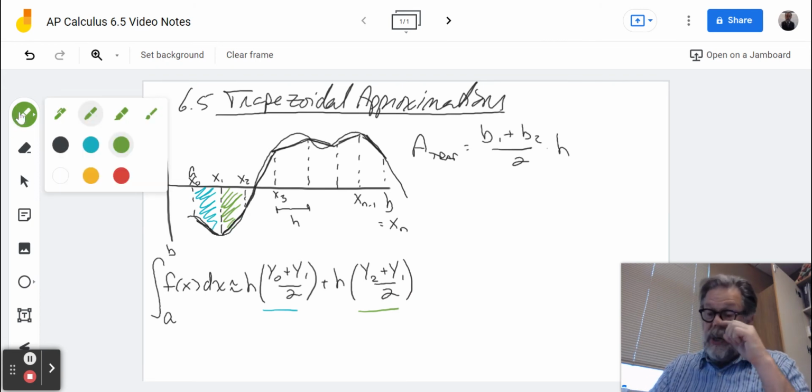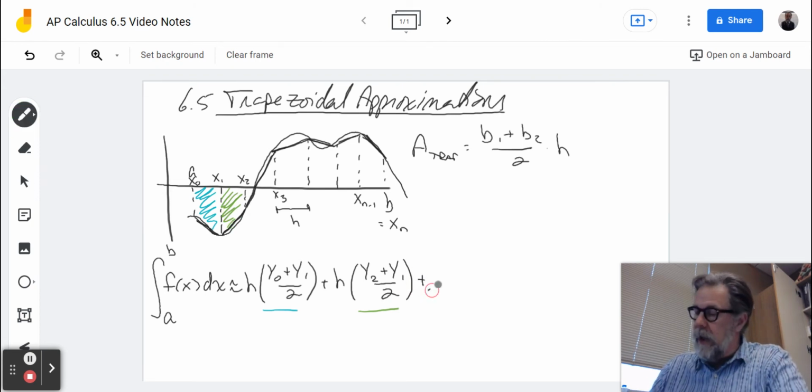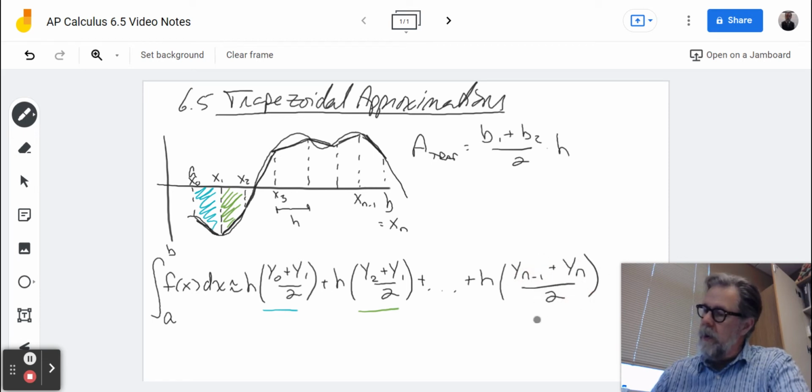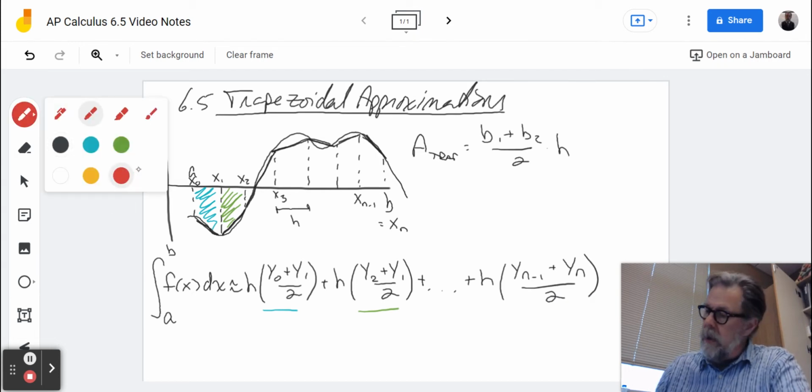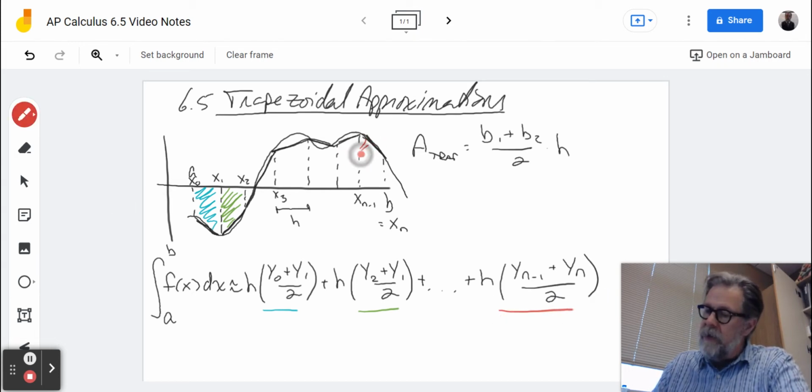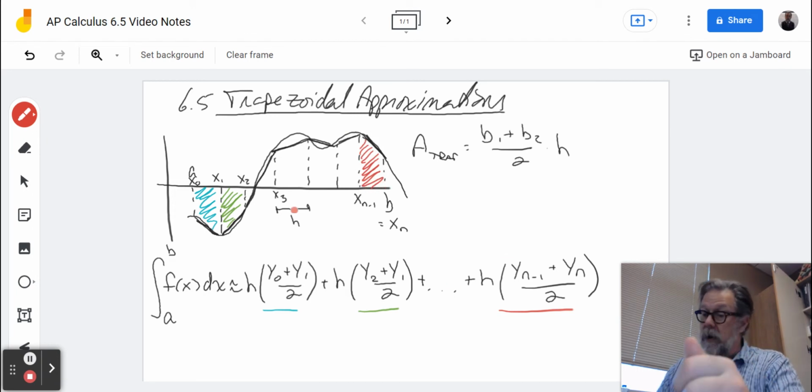And so on, plus dot, dot, dot, all the way up to h times y sub n minus 1 plus y sub n divided by 2. And that's my last trapezoid. And the plus dot, dot, dot, of course, is all the trapezoids in between.